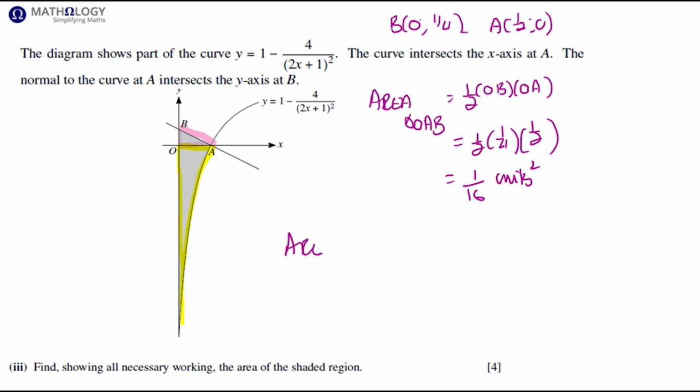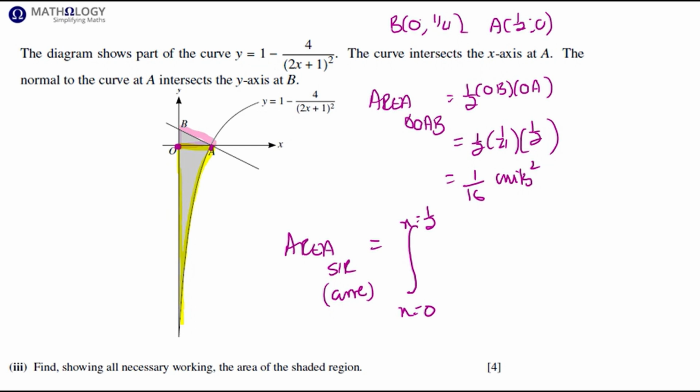The area of the shaded region bounded by the curve below the x-axis will be the integral from x equals 0, because this is the boundary of integration, to x equals a half, which is the point A, (a half, 0).